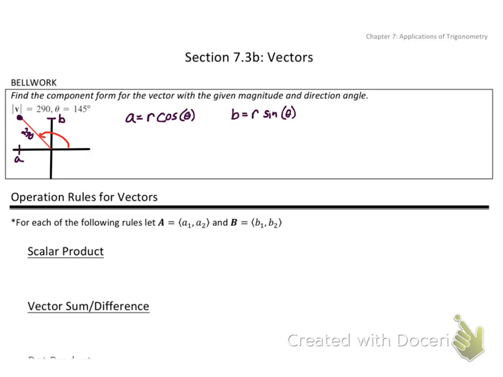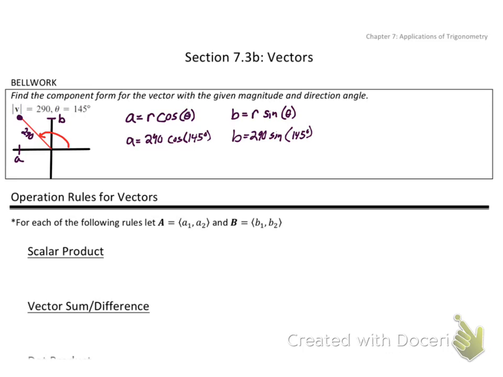So A equals 290 times the cosine of 145 degrees. And we'll do the same thing for B. B equals 290 times sine of 145.